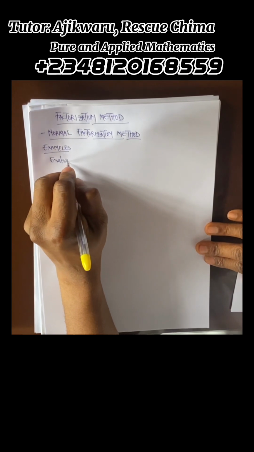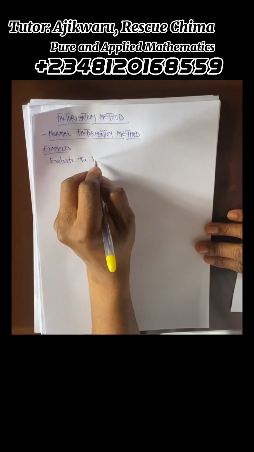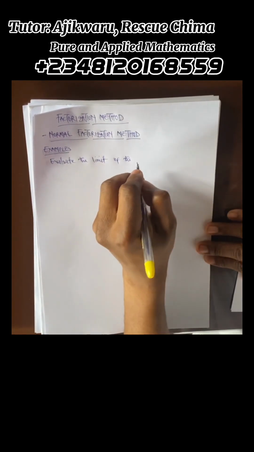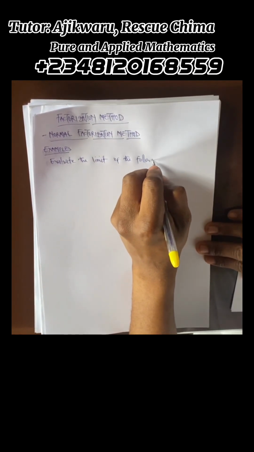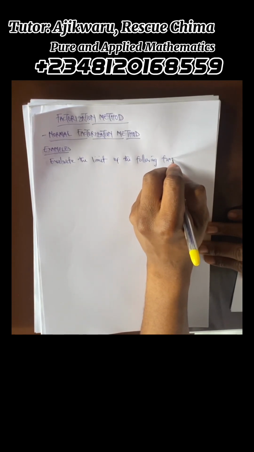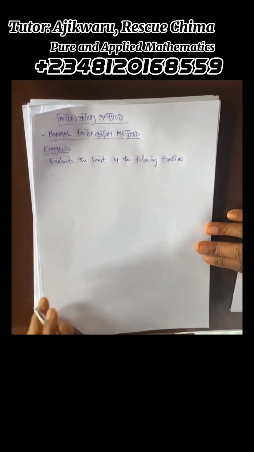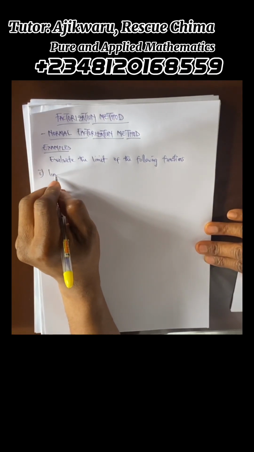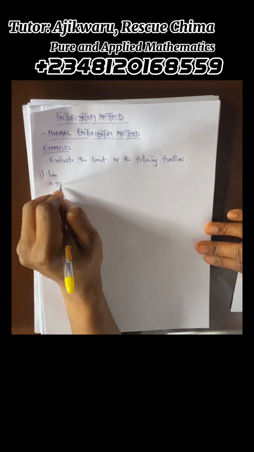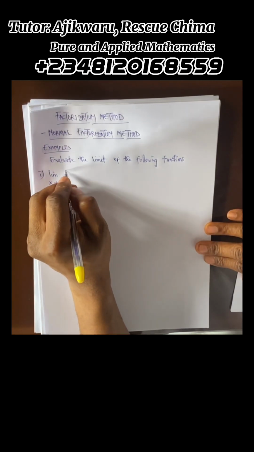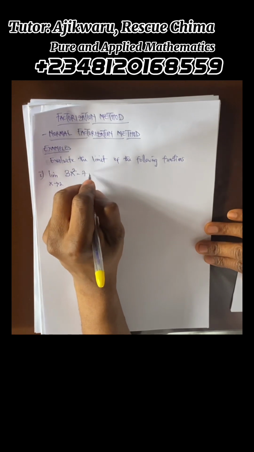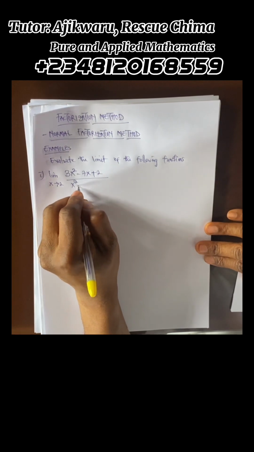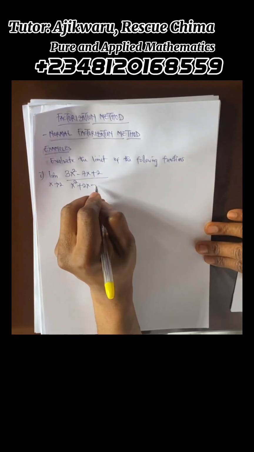Evaluate the limit of the following functions. One: limit as x tends to 2, 3x squared minus 7x plus 2 all over x squared plus 2x minus 8.